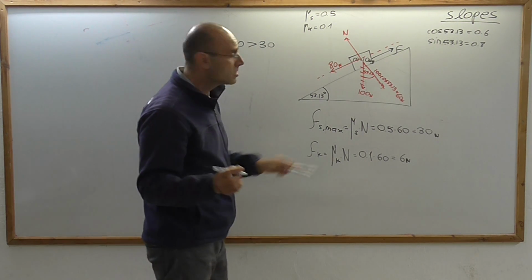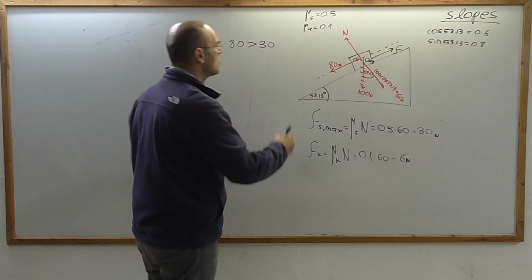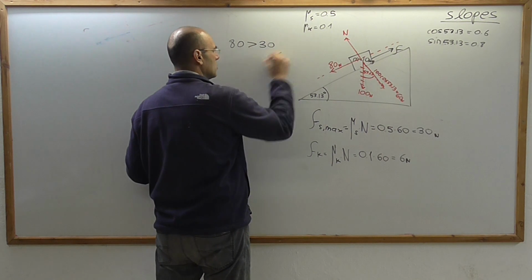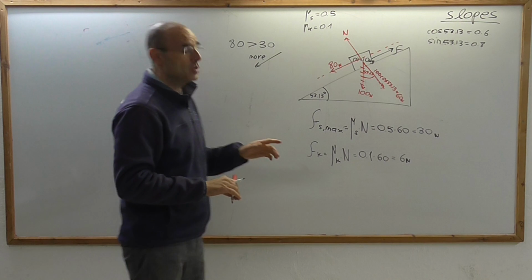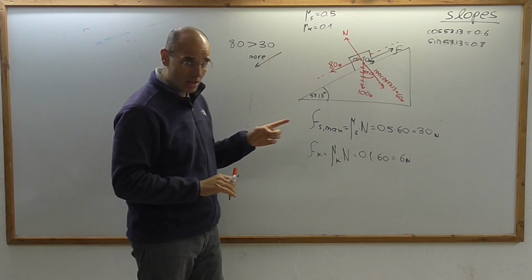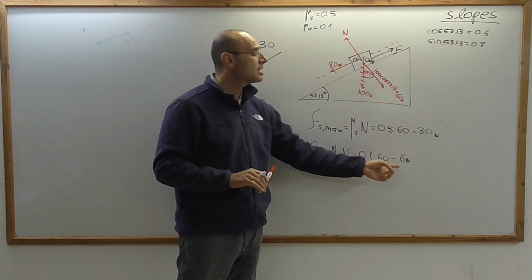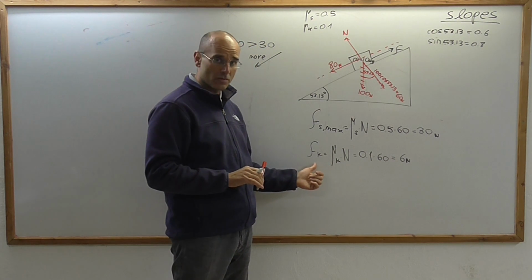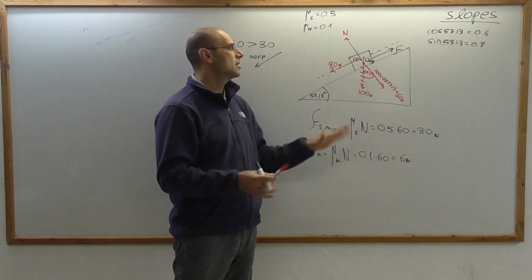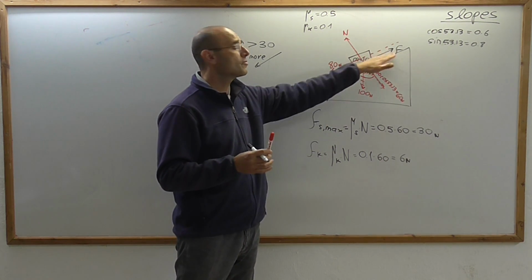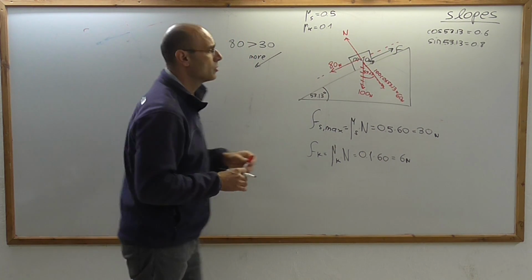So what will happen to this mass? It will go down the slope, it will move down, accelerate, and in order to calculate the acceleration, we will use the kinetic friction force, because if it moves, it means that the friction is kinetic, it's not static anymore.